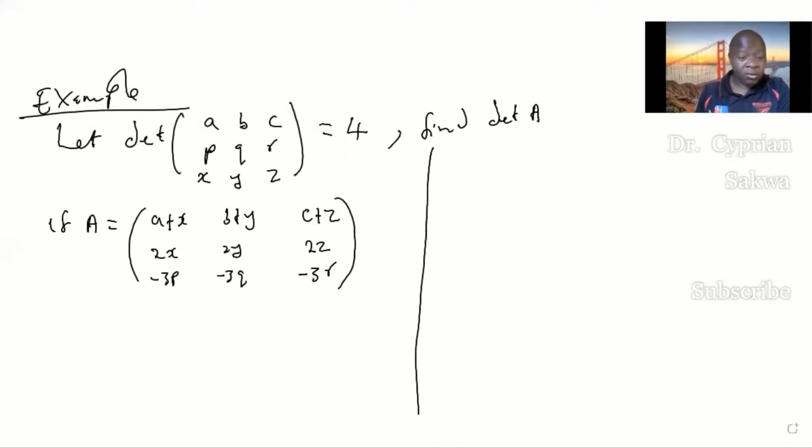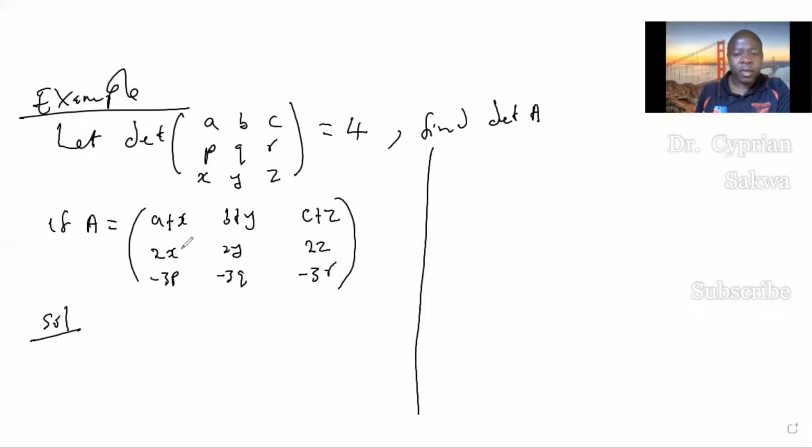So how do we proceed from here? To tackle this question, we have to use the theorem that we just looked at. We know that if we add a row to another row, or a multiple of another row to another row, the determinant will just be the same.